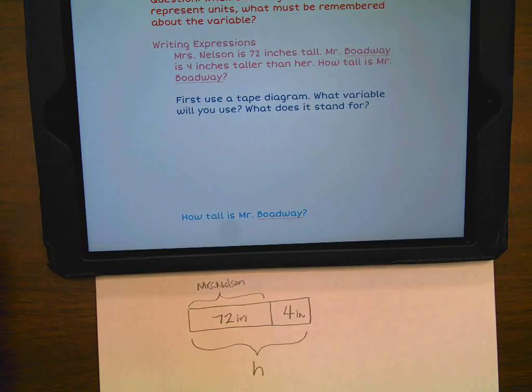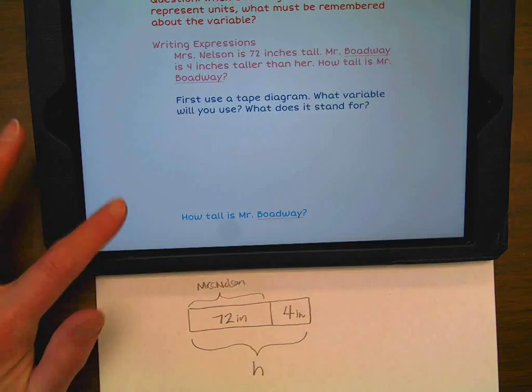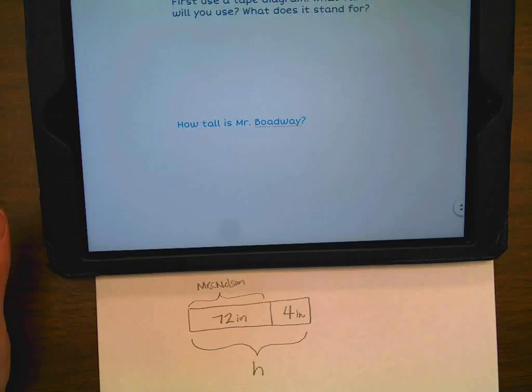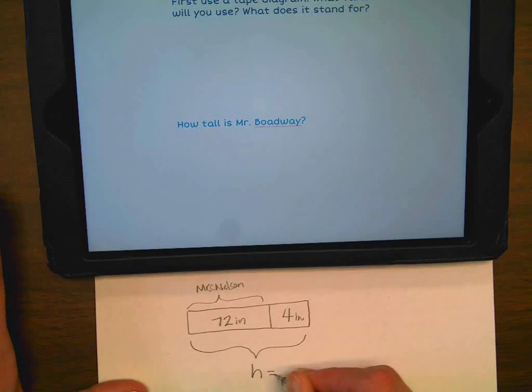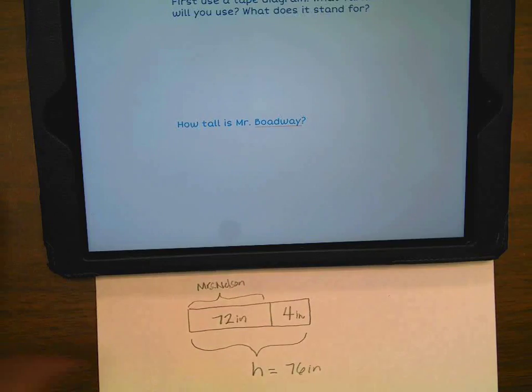And then now, after you do your tape diagram, it's very simple to see how tall is Mr. Bodway. Well, you all can tell me right now that Mr. Bodway is 76 inches tall. That is correct. And that's all that you have to find. So what your focus is today in your lesson is that you are going to have to write addition or subtraction expressions that are represented by word problems, and then they may ask you to evaluate them.